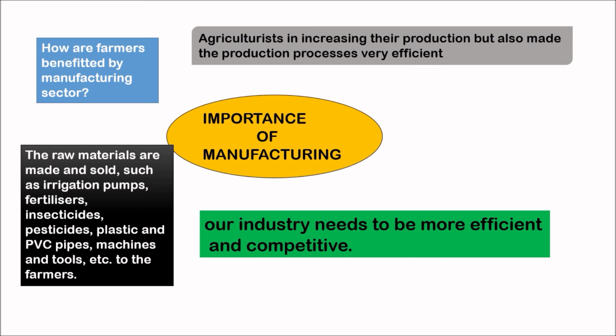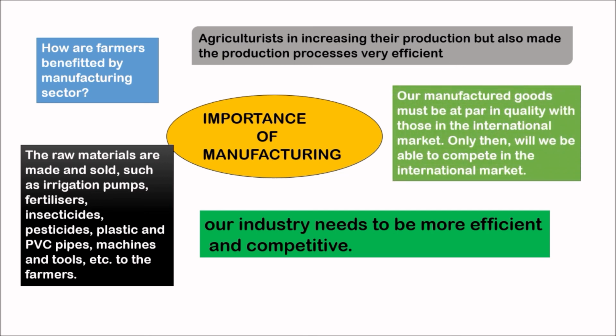And our manufacturing goods must be at par in quality with those in the international market. Only then will we be able to compete in the international market. So our industry needs to be more efficient and competitive when compared to the global market.